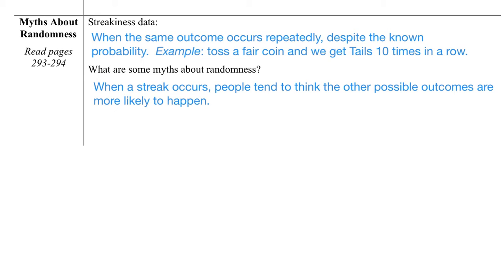And that is absolutely, completely false. The head and tail are no more likely. It's still fair. It's still a 50-50 probability. We're not due. It's that misconception that streakiness will change the probability of the next outcomes.